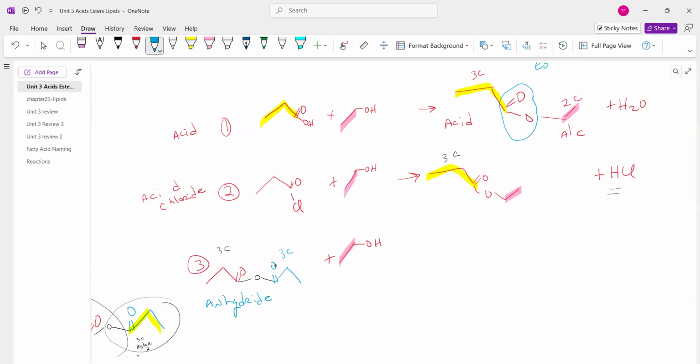So here's the acid part, which is going to correspond to this part here, which is going to become an acid.